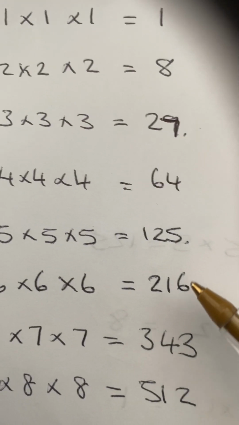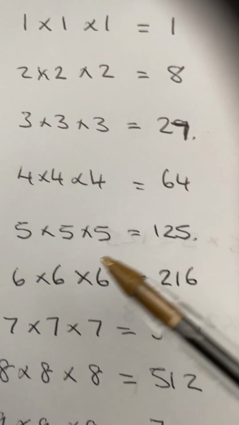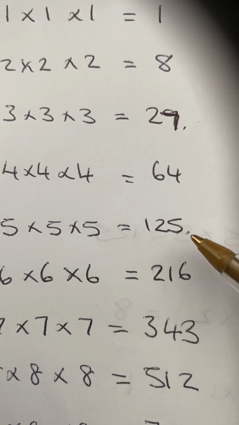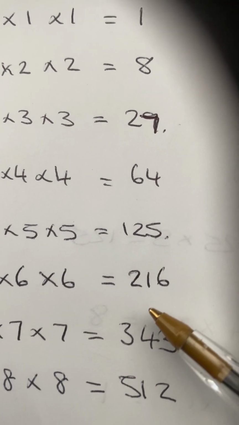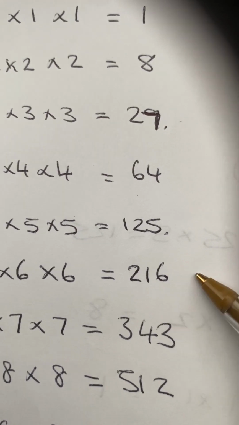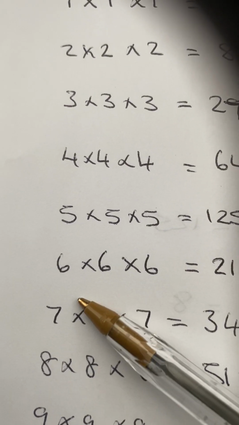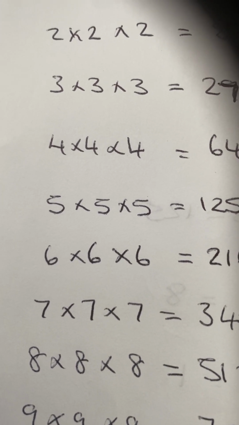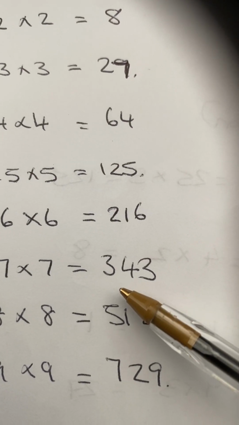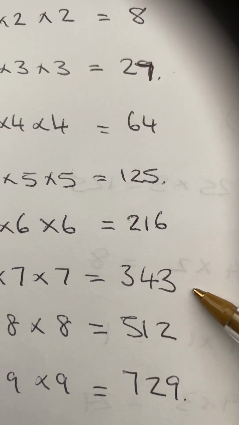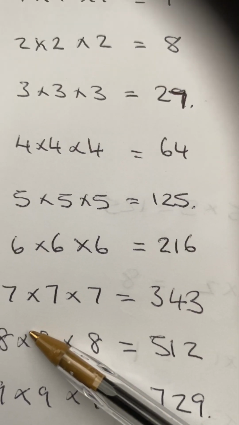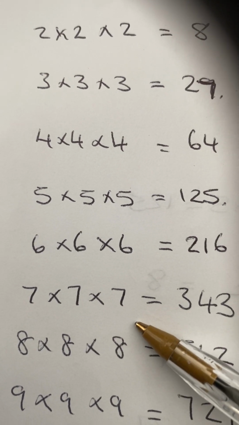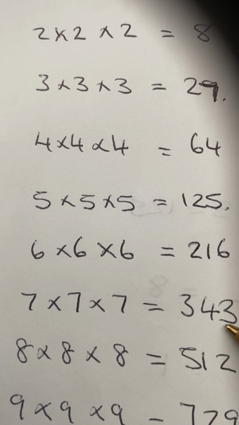The cube root of 125 is 5, because 5 times 5 times 5 is 125. The cube root of 216 is 6, because 6 times 6 times 6 is 216. The cube root of 343 is 7, because 7 times 7 times 7 equals 343.